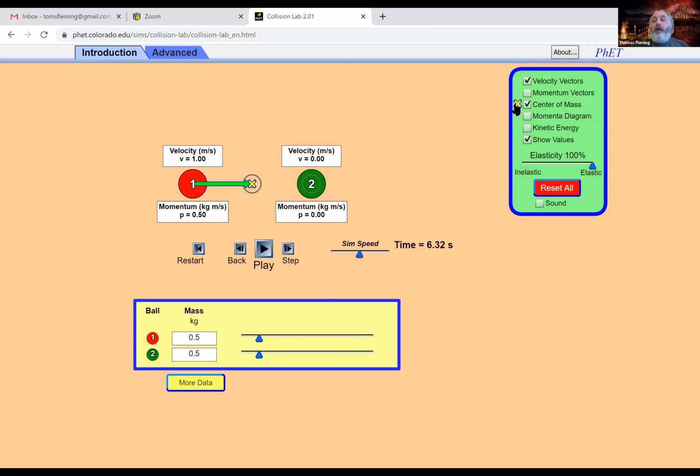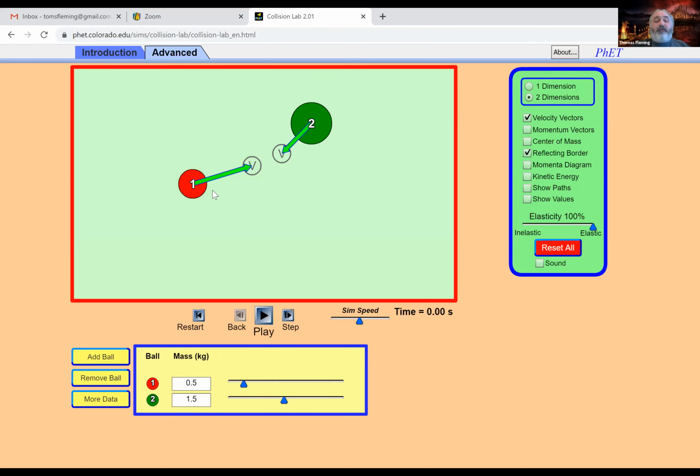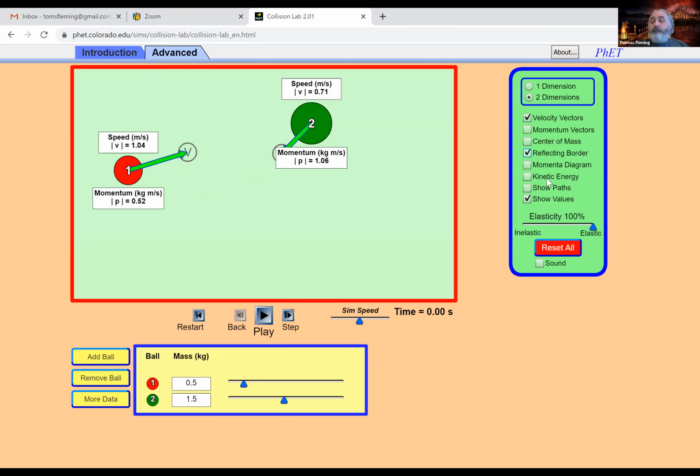And so you see that even in really complicated situations, like here's a two-dimensional system. And again, I'm going to do the show values. I'm going to turn off the border.